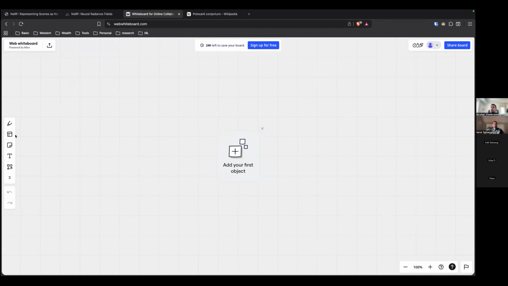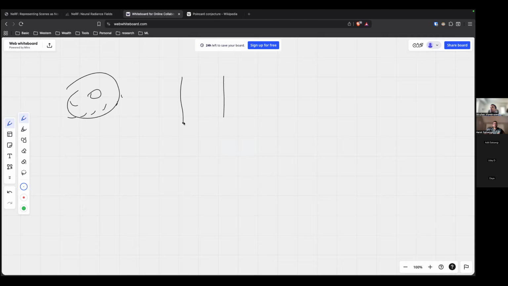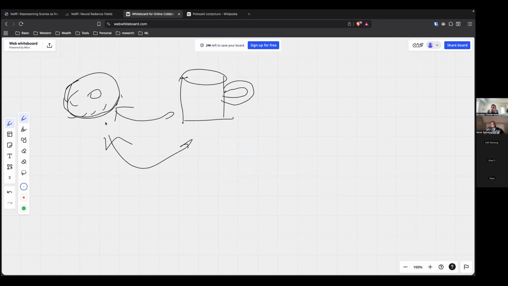So what topology says is that if you take a donut, and then you take a ceramic cup with a handle, these two are topologically the same, because there are ways to continuously deform this 3D shape into this and back.